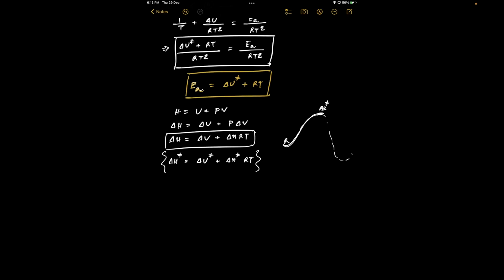So we'll use this equation here. So delta U double dagger will be delta H double dagger minus delta N double dagger RT.